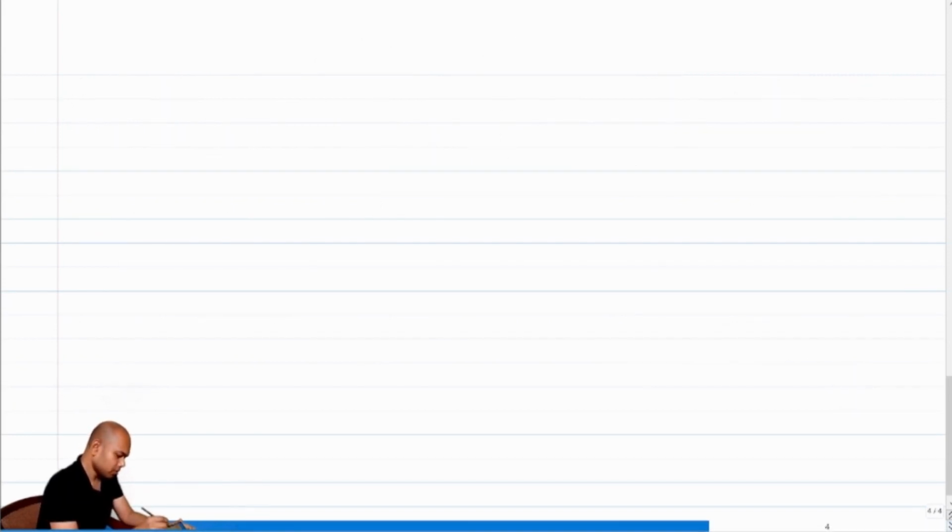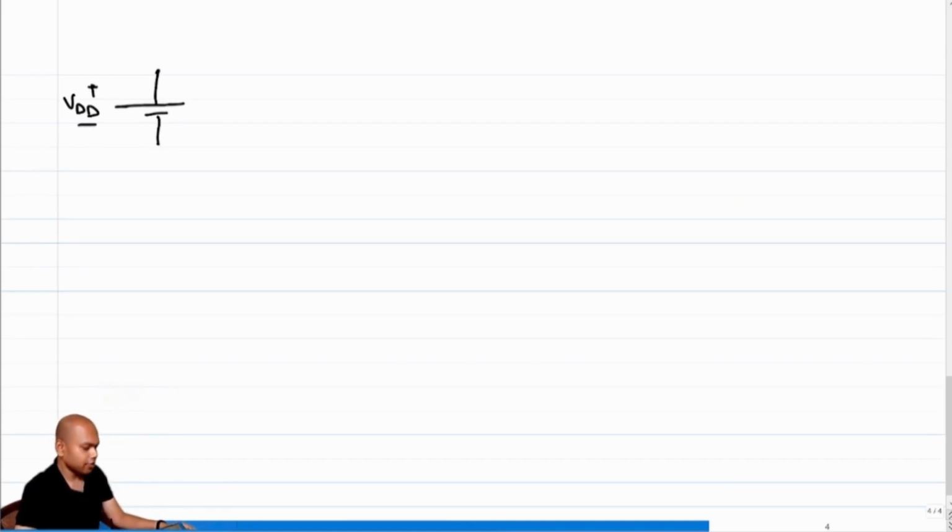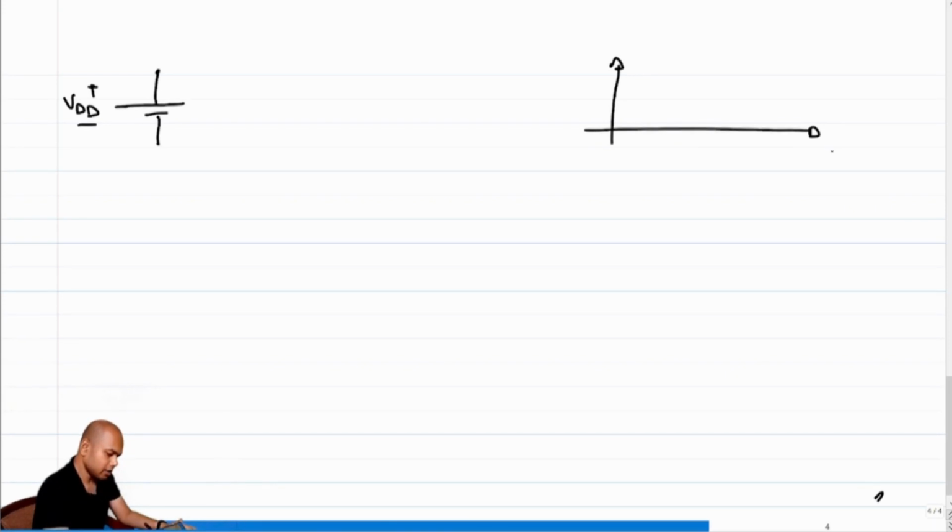What about a constant voltage source? What is its linearized, or small signal, equivalent? Let's go back to our IV characteristics. Let me call it VDC. What is the IV characteristic of a voltage source? Voltage remains constant regardless of the current, so this is a straight line perpendicular to the x-axis. What is the slope?